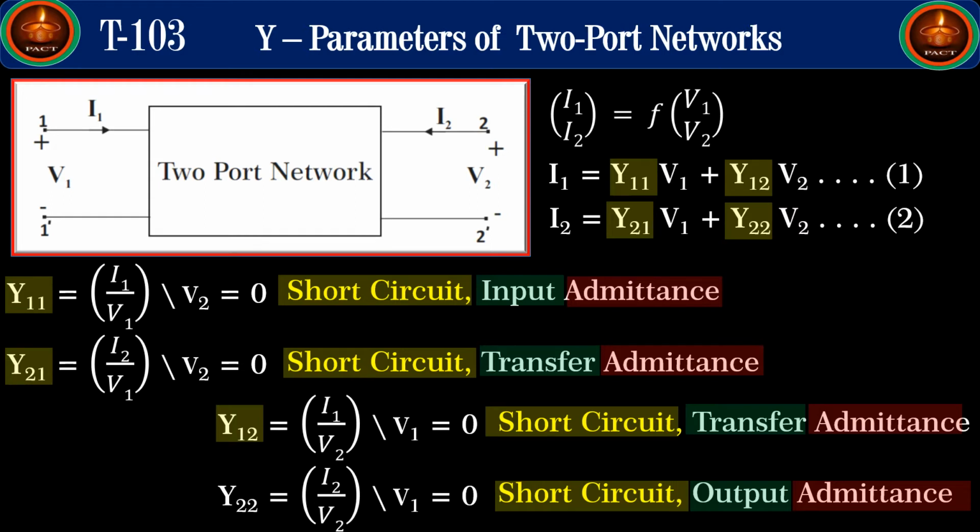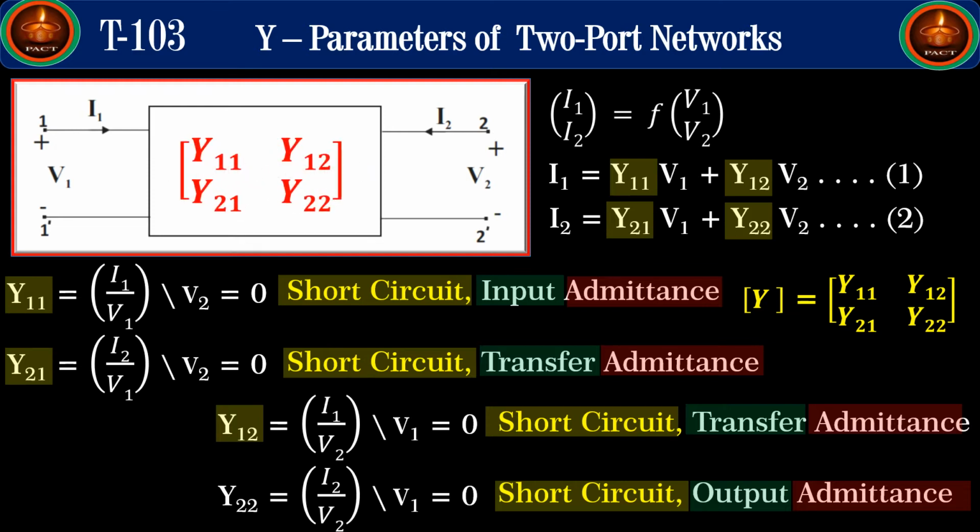So, if we write these parameters defined in the form of matrix, we get Y is equal to Y11, Y12, Y21 and Y22. And note that these parameters will reside in the black box and they are not accessible by the users, number one.